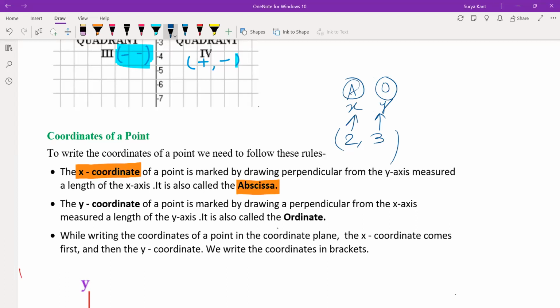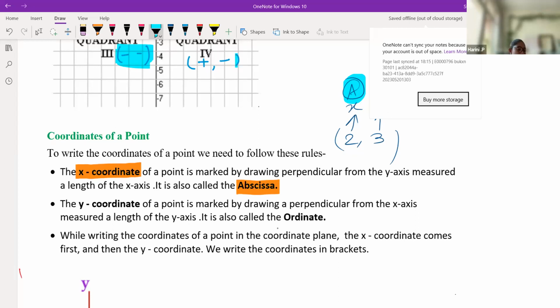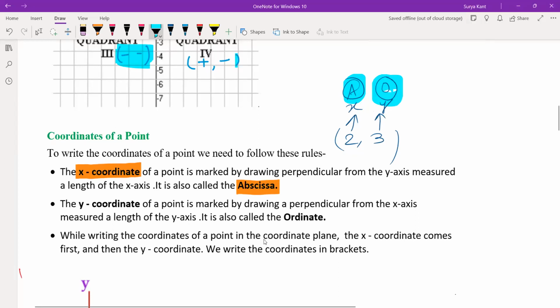Is it clear? The first one is x, the x coordinate. The second is the y coordinate. This 3 is the y coordinate. We call the same thing abscissa and ordinate. Abscissa and ordinate. Clear? Yes, sir. So while writing the coordinates of a point in the coordinate plane, the x coordinate comes first and then the y coordinate.